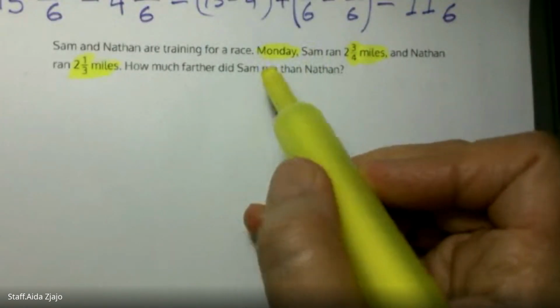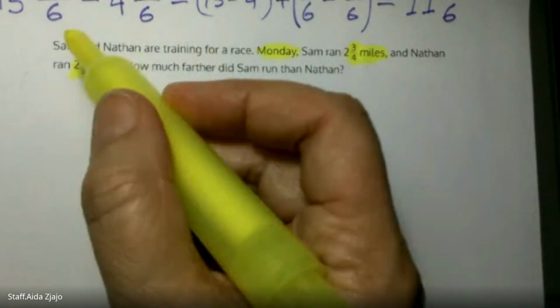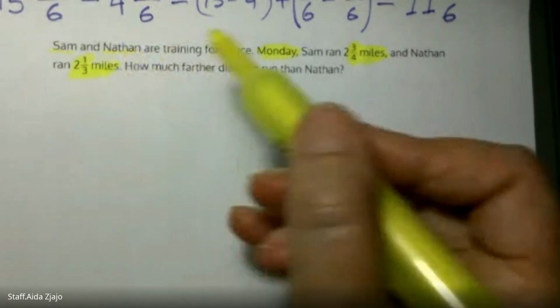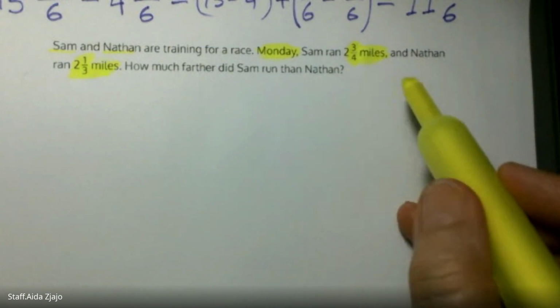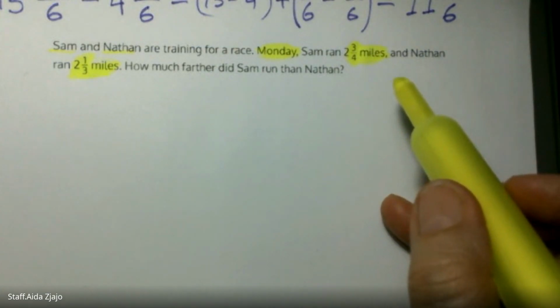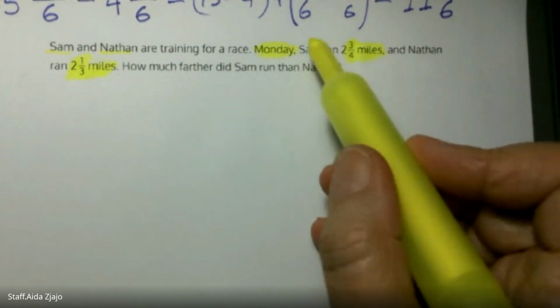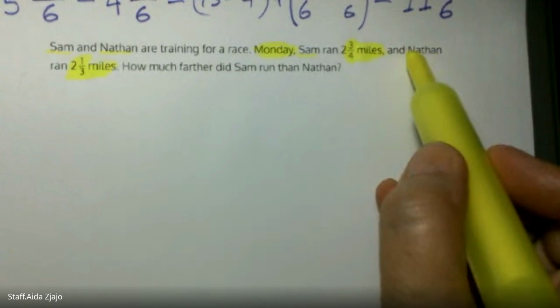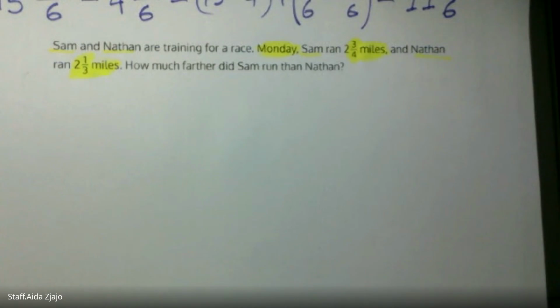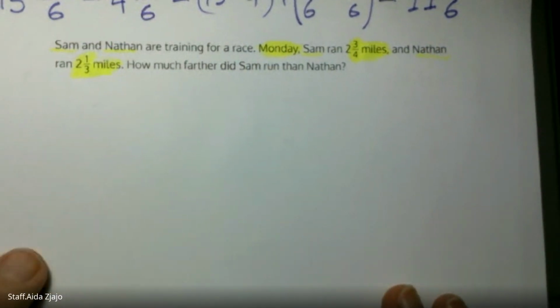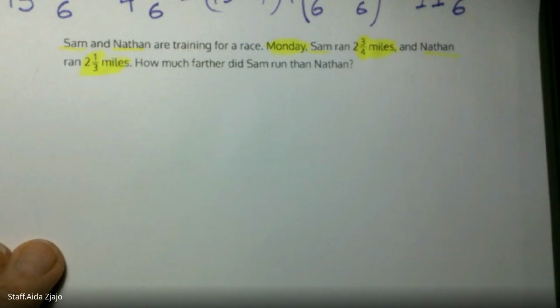This is a comparison problem because we have Sam and Nathan, and they were running miles. 2 3/4 is Sam, and 2 1/3 is Nathan. We're going to use the read, draw, and write strategy again. So how can we show comparison?